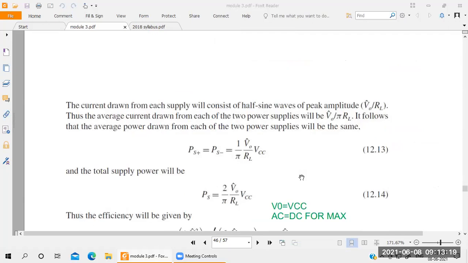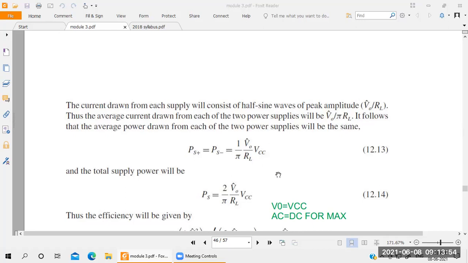So next, take the input power. What is input power here? It is the source power. In source power, you have to take two voltages, minus VCC and plus VCC, because they are connected to the transistors Q1 and QP. Q1 for the plus VCC, QP for the negative VCC. So you take the plus input voltage and minus input voltage. That should be equal to 1 divided by pi, V naught square divided by RL, into VCC. VCC is the DC input voltage.